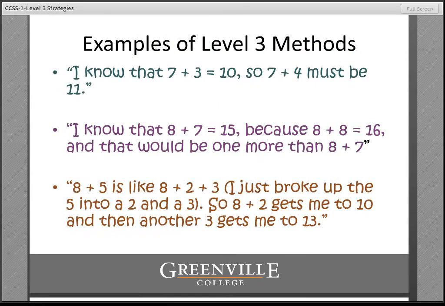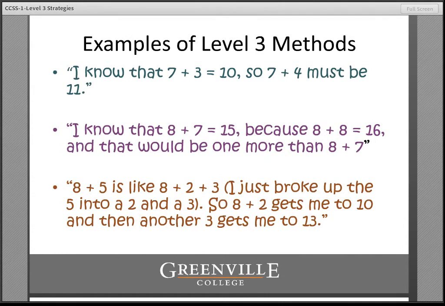Level 3 strategies, as I mentioned, are also known as convert to an easier problem. Here you see how children can use a known fact, which is usually based on making 10 or on a doubles fact they know, and they can use that to convert an unknown arithmetic fact into a known one. Although children really have to think about these relationships initially, they get pretty fast at it.